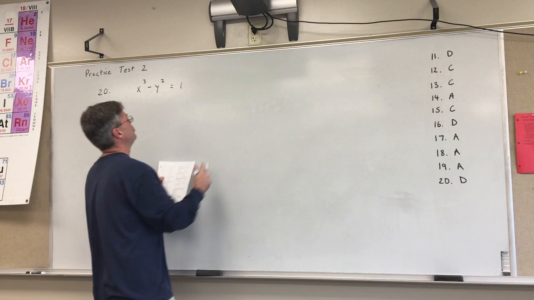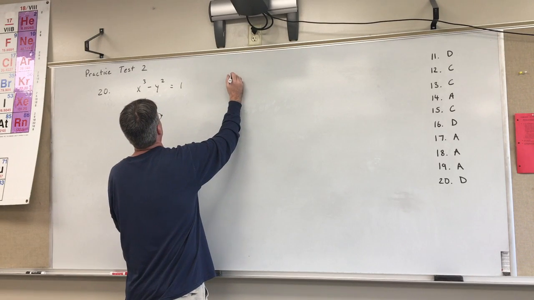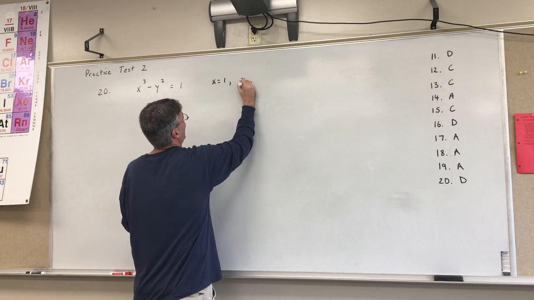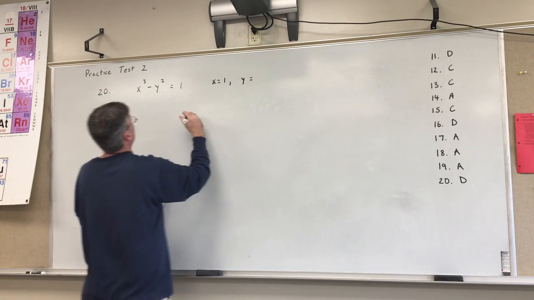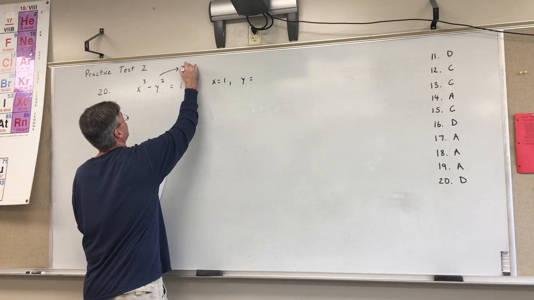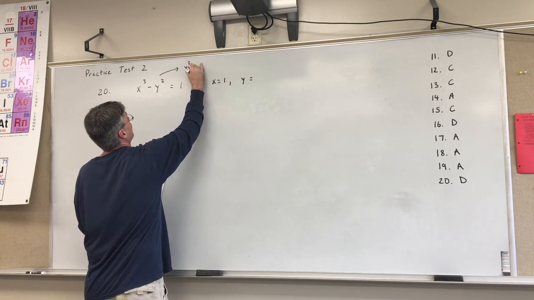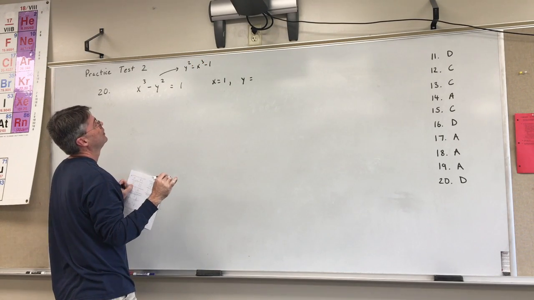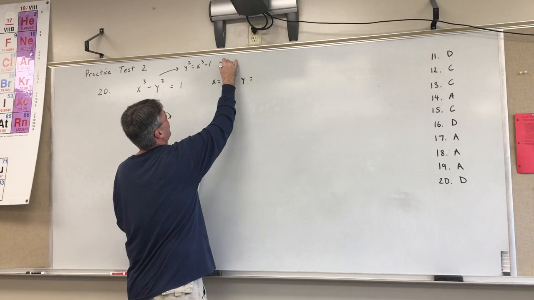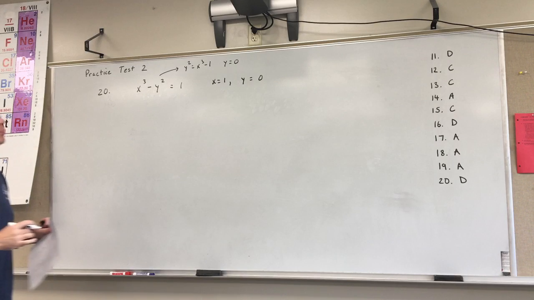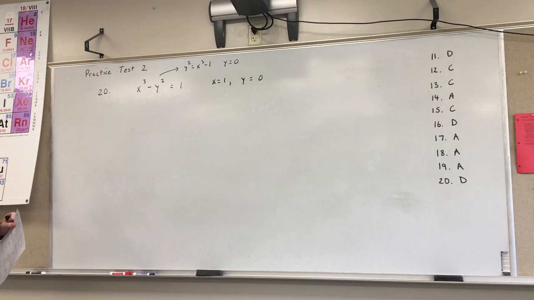If x is 1, rewriting this, we know that y squared is equal to x cubed minus 1. So if x is 1, we know that y is 0. When x is 1, y is 0, and we're going to have to plug that in at the end.